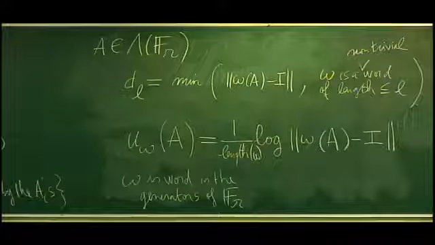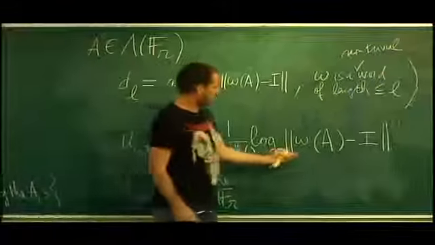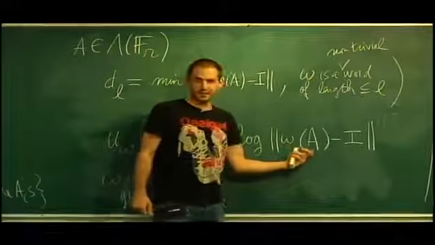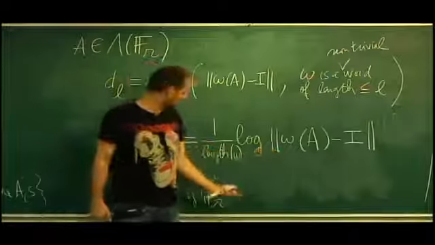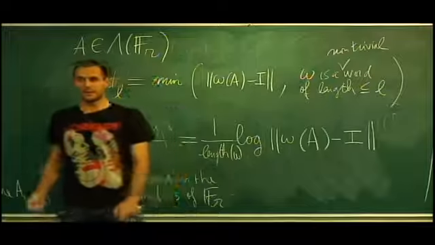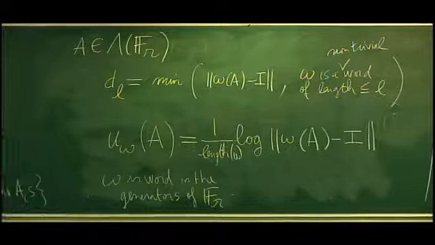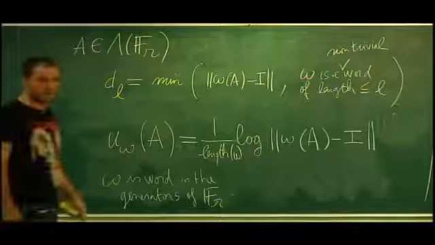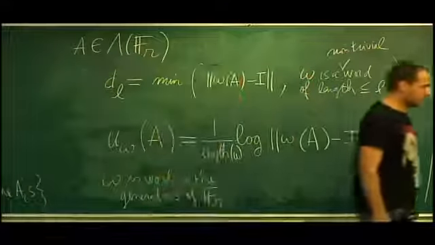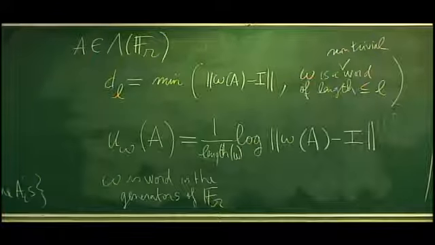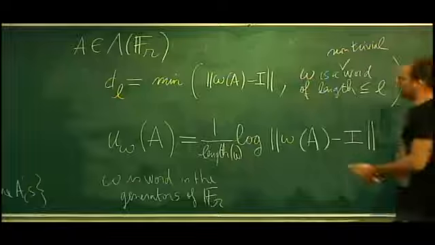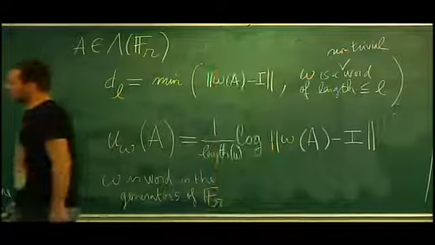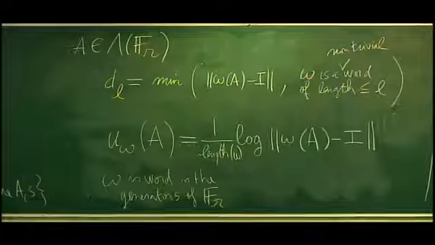Because for a Schottky representation, the image of a word of length L is approximately an exponential of L, because it is discrete. This has to be proved. I will not do that, but it's not so difficult to prove that in the Schottky group, if you take a word of length L, the corresponding matrix is going to be of norm exponential L.